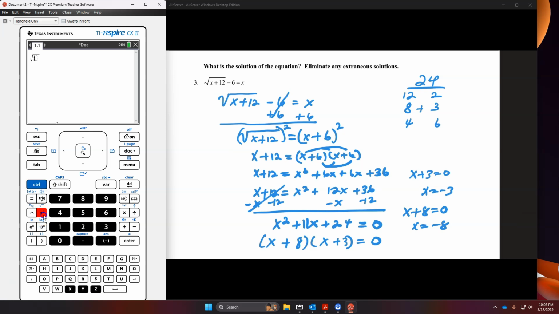So square root of (-8 plus 12), and then outside you have -6, and that gives you -4, so that's not going to be the answer. So -8 is not the answer. So I would try -3: square root of (-3 plus 12) minus 6, and it should be -3. Let's see. Yes, so your answer is -3.